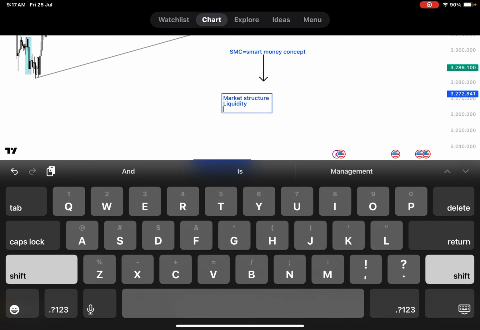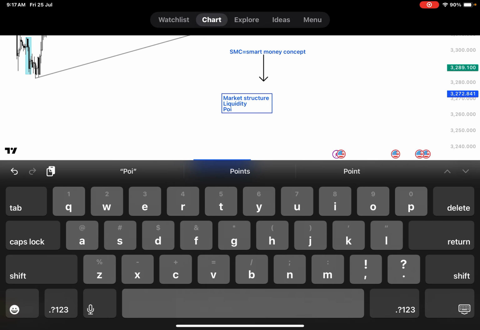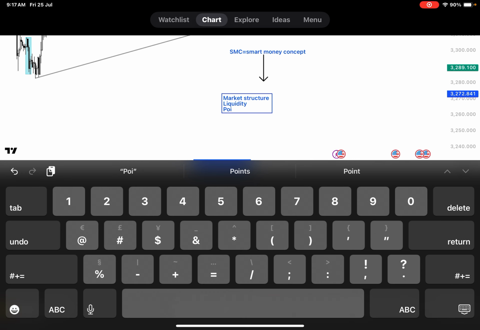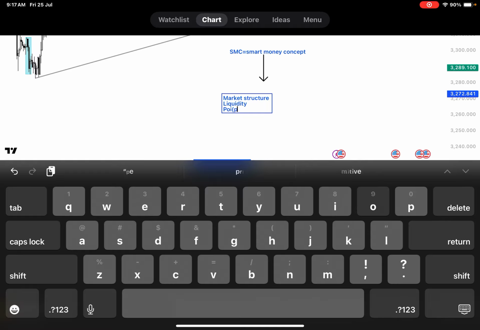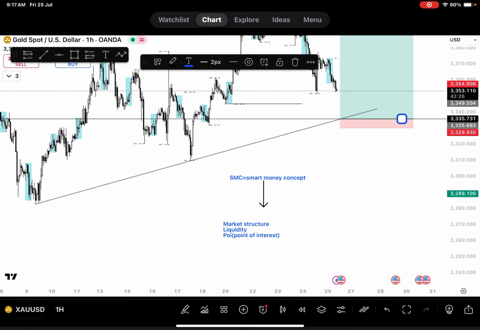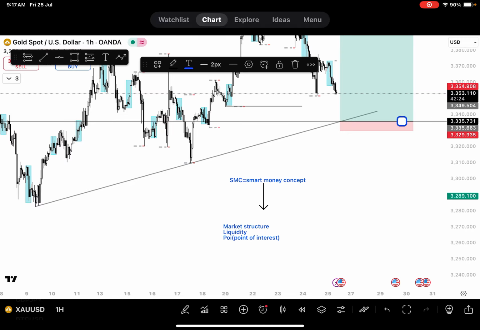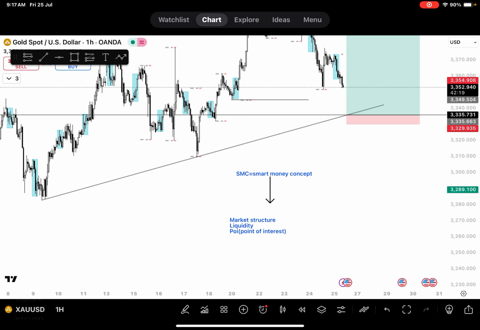And then we'll talk about the POI, which means points of interest. So this is what our strategy comprises of: the market structure, the liquidity, and the POI.